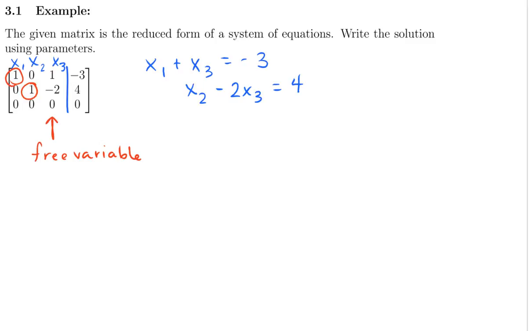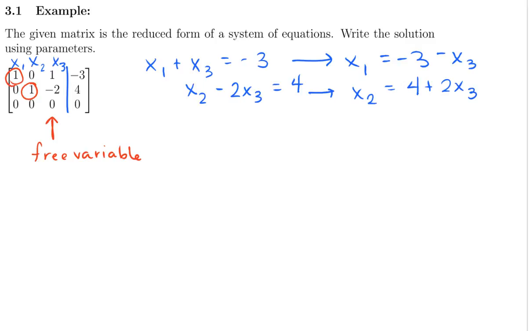So let's see. If we take our first equation and solve for x1, we have x1 equals negative 3 minus x3. And if we solve the second equation for x2, we have x2 equals 4 plus 2x3.